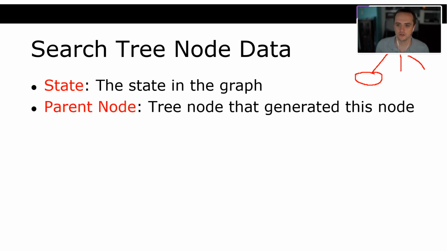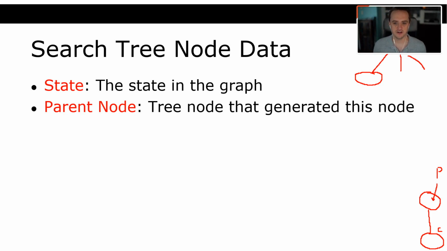We need to store the parent node, right? If we've generated a child node from a parent node, so if we're in the tree search and we've expanded a node like this, then this is the parent and this is the child, okay? So if we expand a node, all of the nodes we could reach from that first node are the children of the parent node.